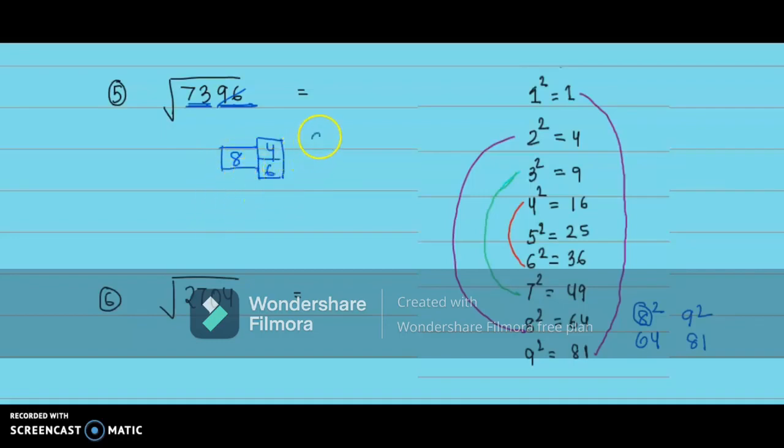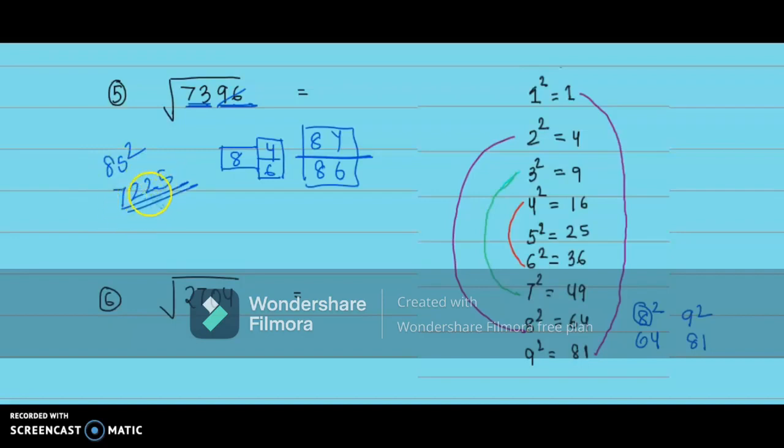Now we have two options, 84 and 86. To select finally which is the right answer, you find the square of 85, which is 7225. I told you already, if you don't know how to find the square of numbers ending in 5, check my previous video.